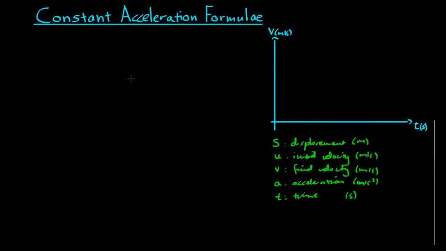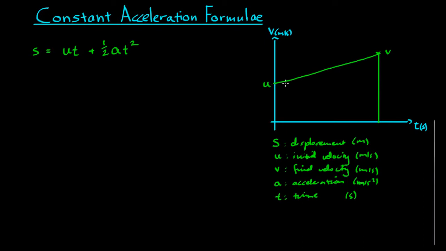Finally, second last, we have S equals UT plus half AT squared. Let's draw this graph again. There's the starting velocity U. Here's the final velocity V. Here's the line of constant acceleration. And we want to find the area under this graph.